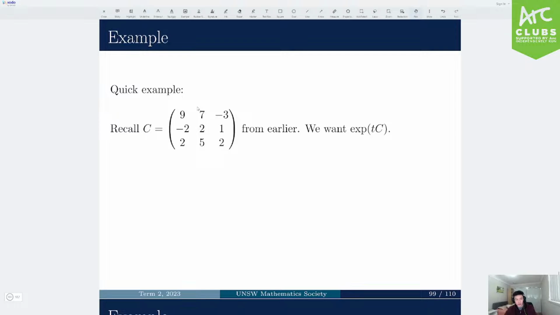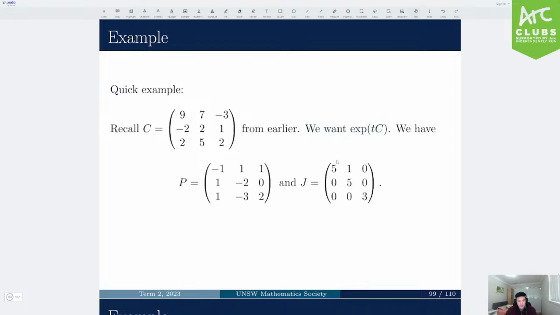Okay. Quick example here. Suppose we have this 3 by 3 matrix C, and we want to find the exponential of tC. Right. Previously we had that P was this matrix here, and the Jordan form was this here.